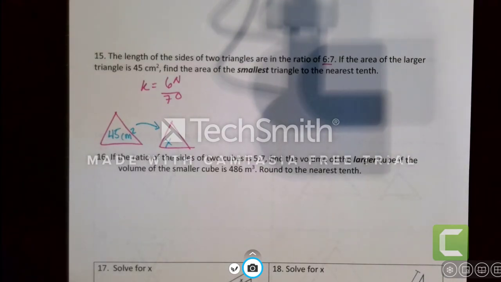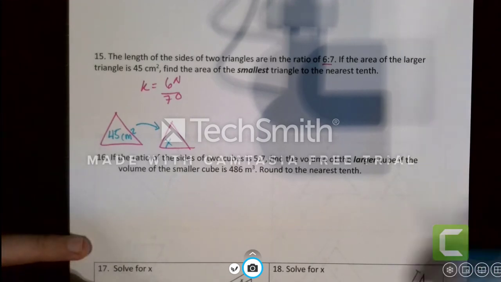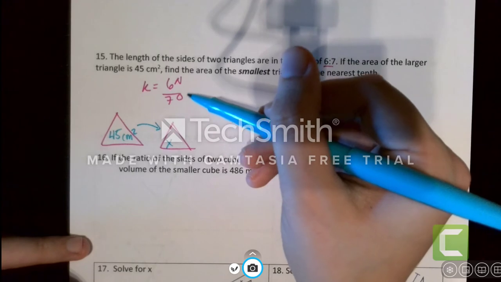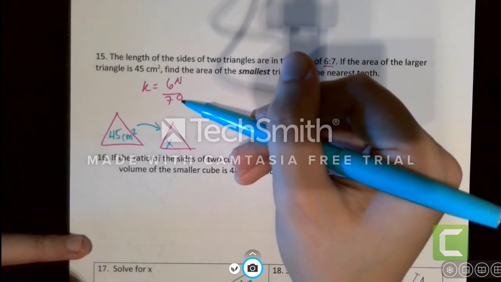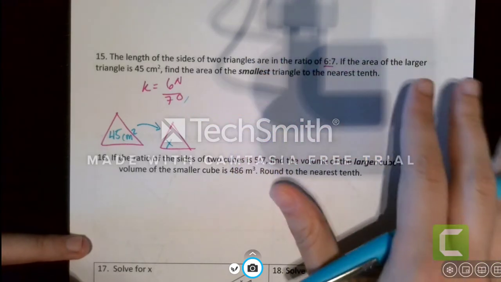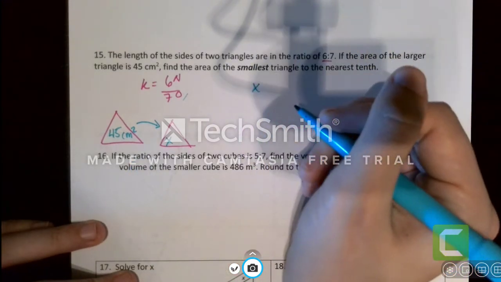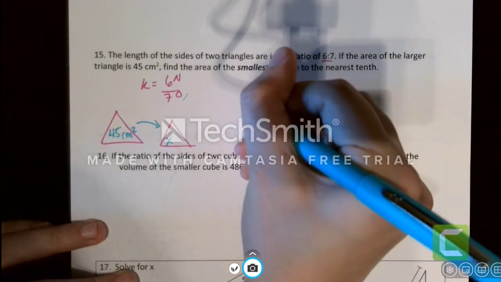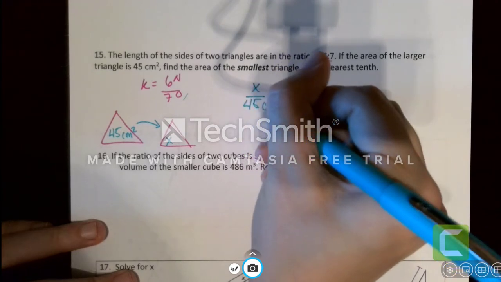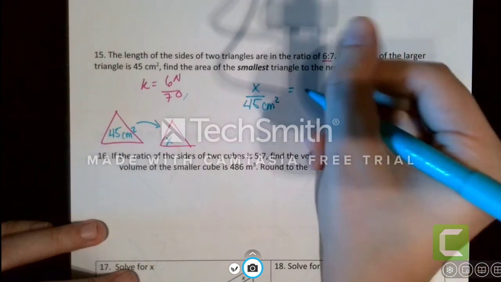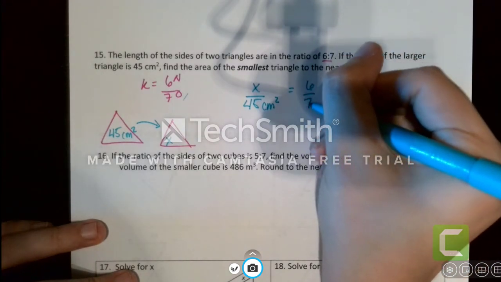The way you set up your formula for these problems is through a proportion. Your scale factor is telling you you're going from the big triangle to the small triangle. So for your areas, you write the mystery area x all over 45 centimeters squared, and this is equal to your scale factor of 6 over 7.